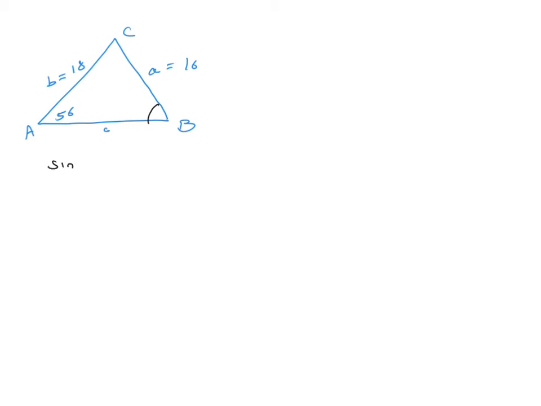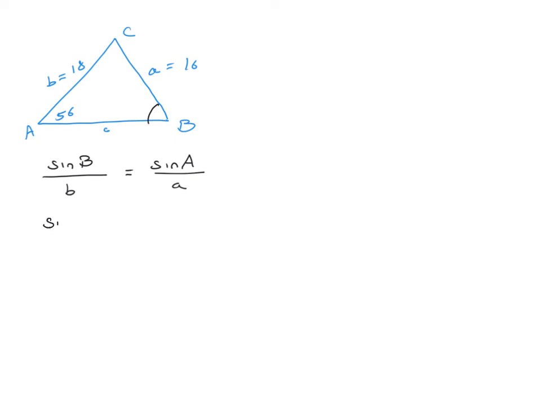I know that sine of B over b is equal to sine of A over a. I'm choosing to write the angles in the numerator because the angle is the thing I'm solving for. And in this formula, the only thing I don't know is B. I have numbers for everything else.